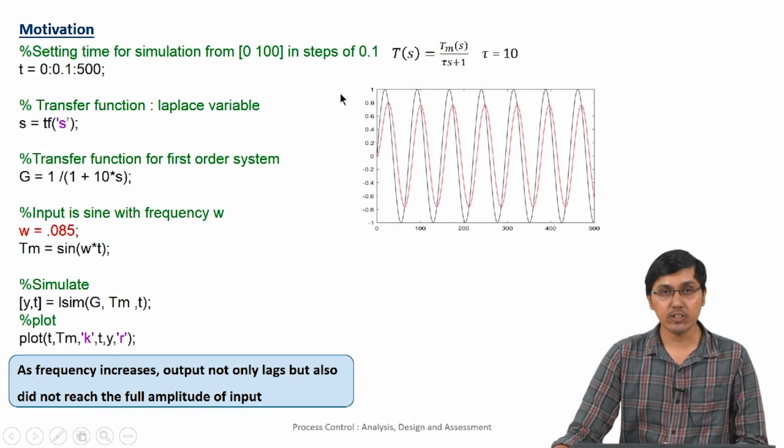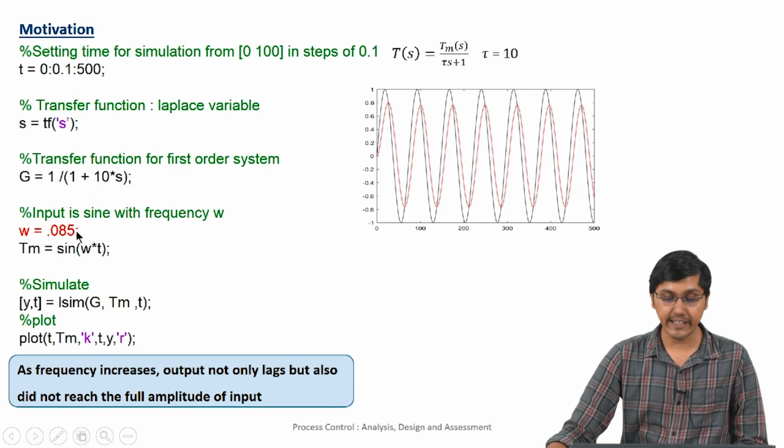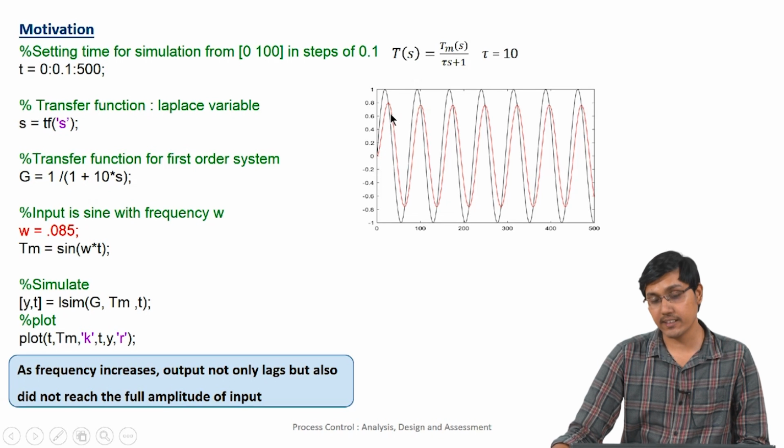Now we again ask the question: what if we change the frequency, can we see anything interesting? We increase the frequency from 0.01 to 0.085, and now the temperature shown by the thermometer is not only lagging, but also not reaching the full amplitude of the input signal.